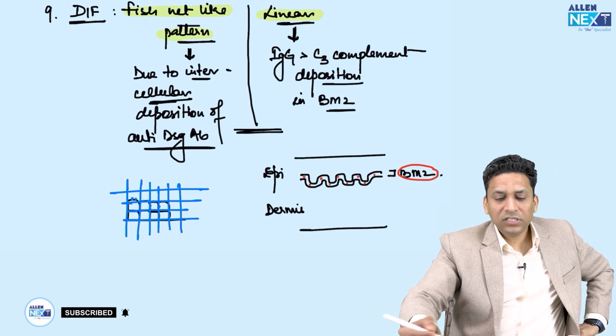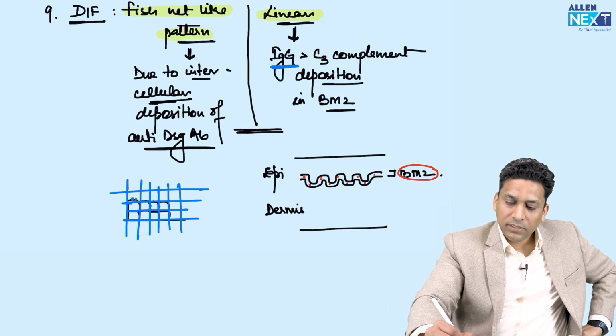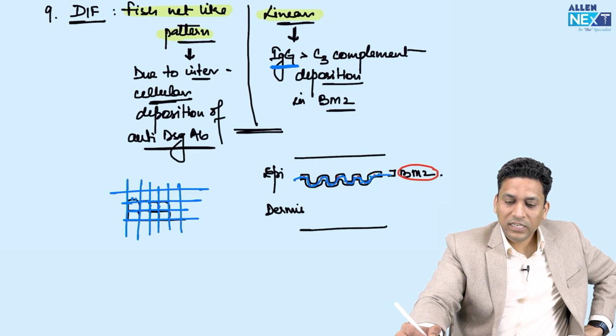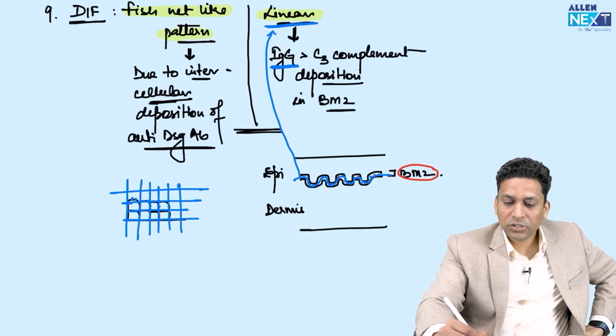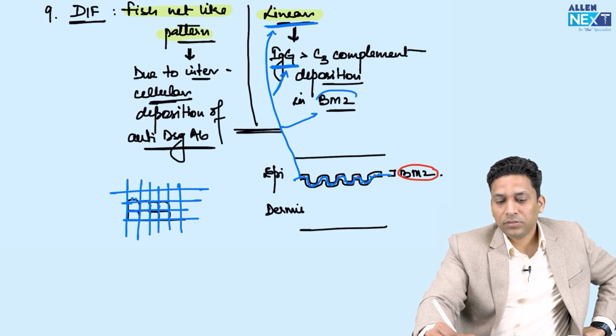So the antibodies which are formed will go and deposit where this antigen is present, that is in the basement membrane zone. So all these deposits take place in the basement membrane zone, giving rise to this linear pattern, due to deposition of IgG antibodies in the basement membrane zone.